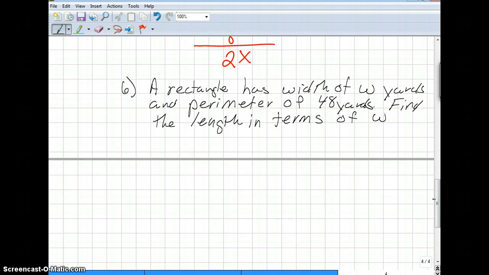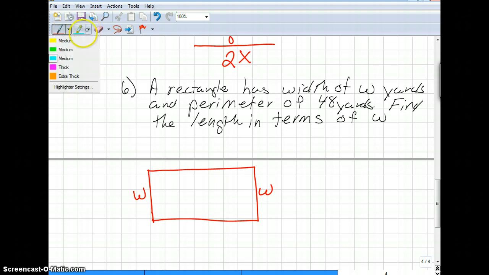Okay, so whenever there's a geometric figure in the problem, the first thing you want to do is draw that geometric figure. So we're going to draw a rectangle. Okay, and then label what you know. This is the width, so this is also the width. Okay, then what does perimeter mean?